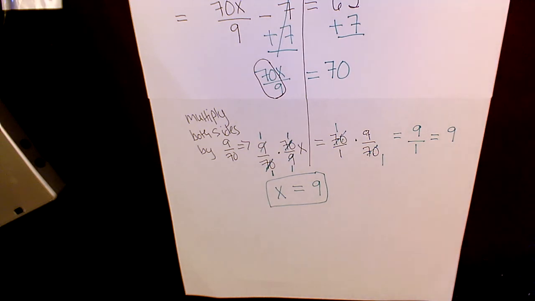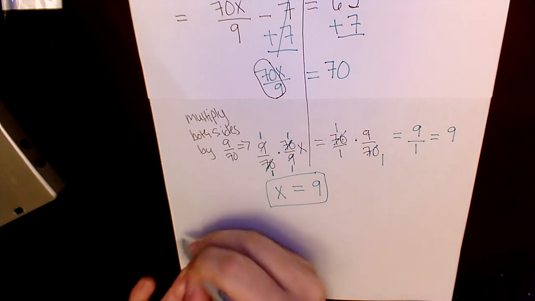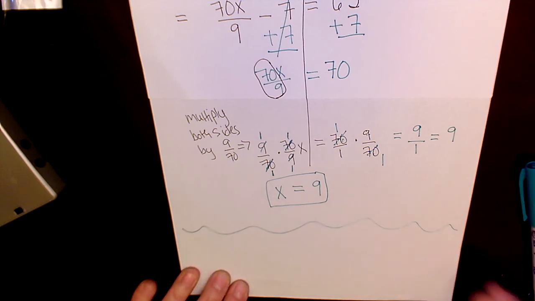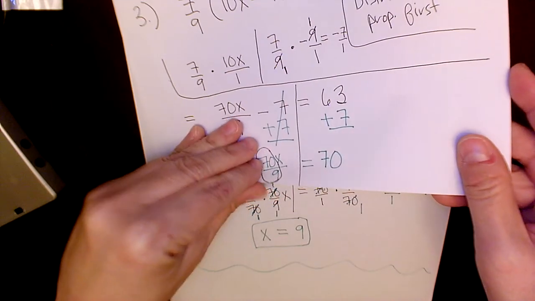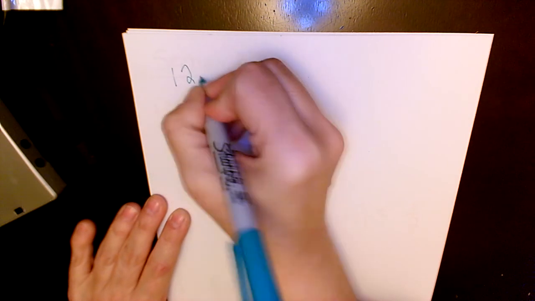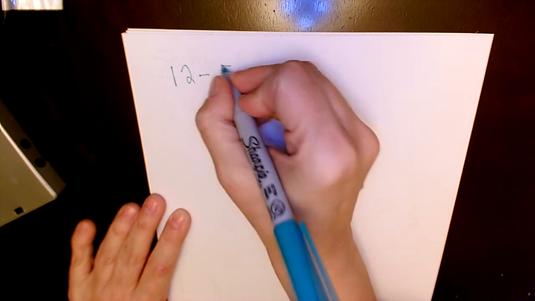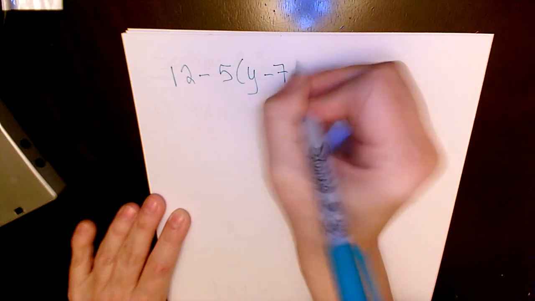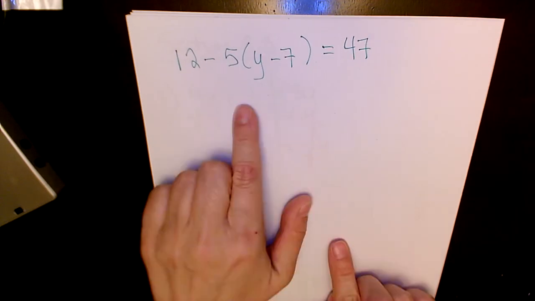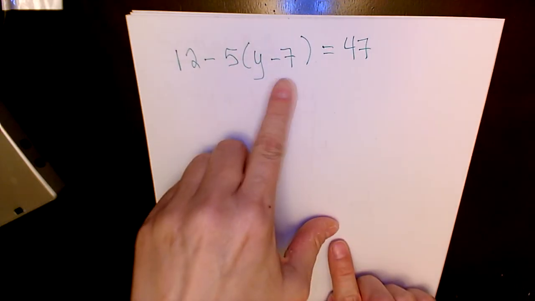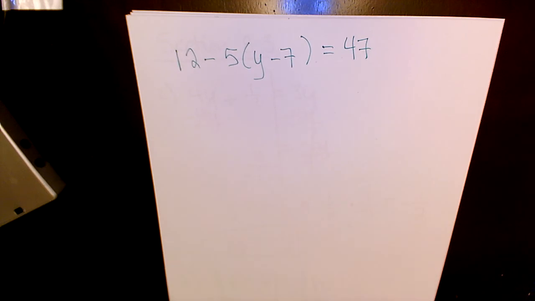And the last one I want to do is the one you gave me. So we're going to solve for y. 12 minus 5 times parentheses y minus 7 equals 47.